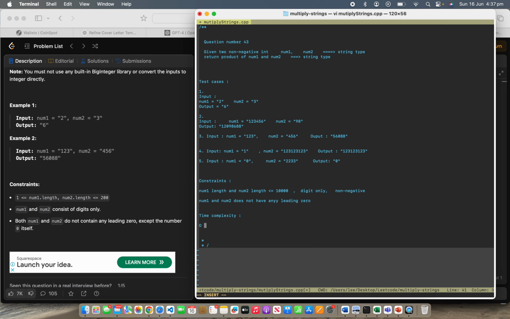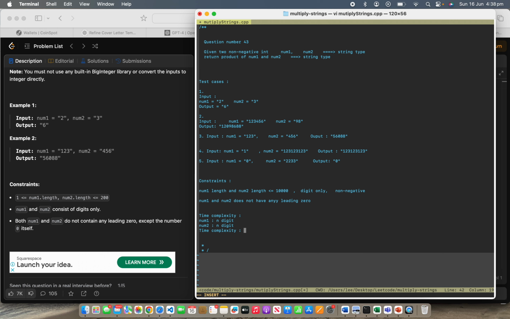So this one, let's assume we have two integers with the length of n. So number 1 and number 2 are n digits. Okay, so this time the time complexity will be, so for each of the digits we're going to perform a single operation which takes constant time.